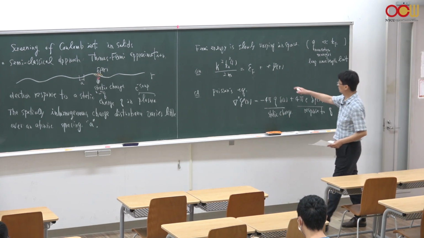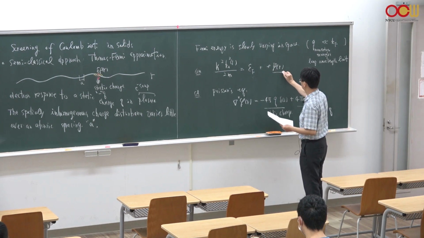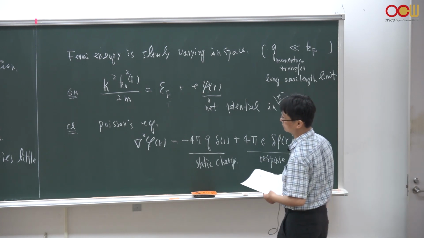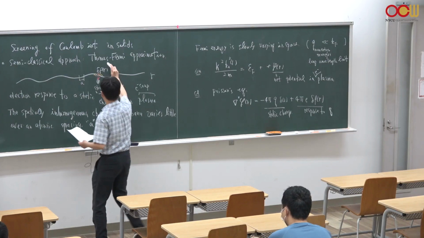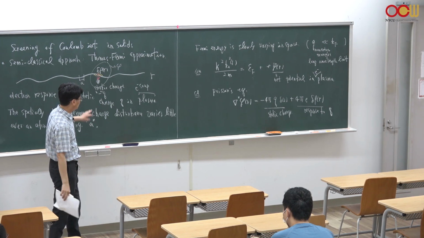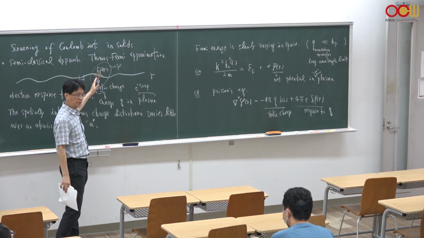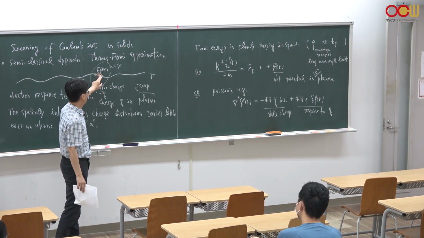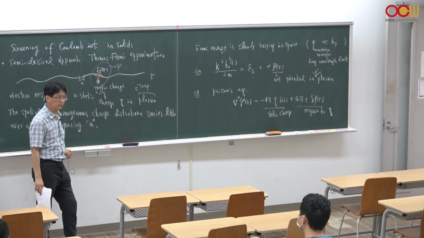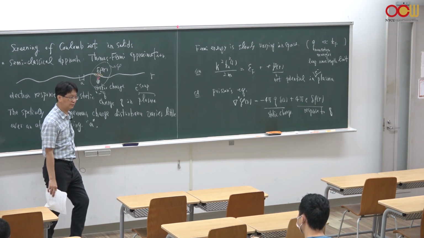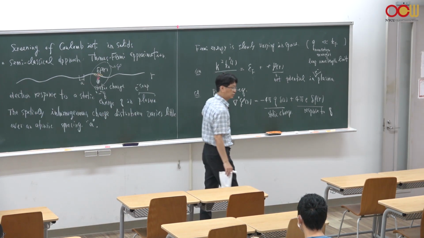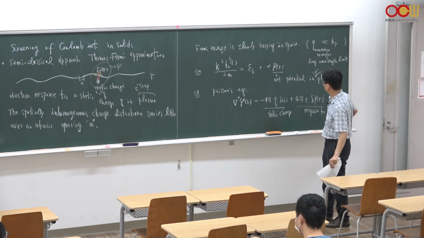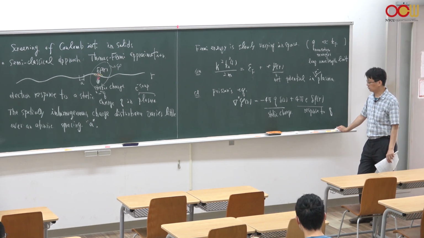But this psi describes the net potential in your electron plasma, which means that psi describes the net electric potential by combining both the effect of a static test charge and also this disturbance or induced charge effect. All right, so that's from classical electrodynamics, the Poisson equation, which describes the net potential that combines these two effects.